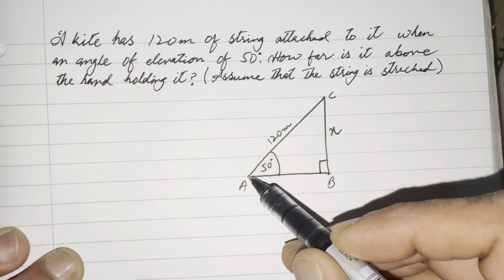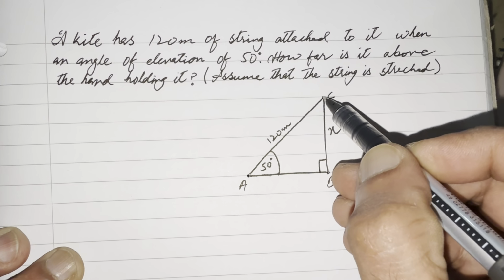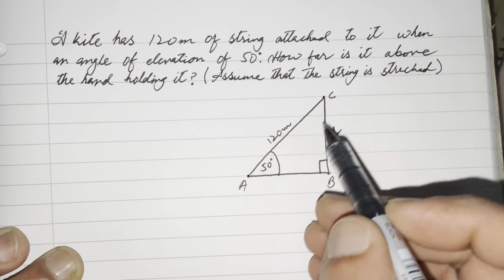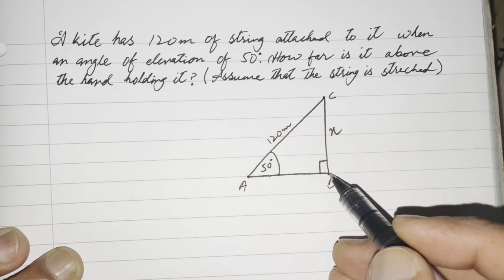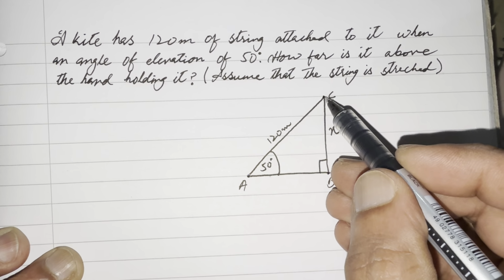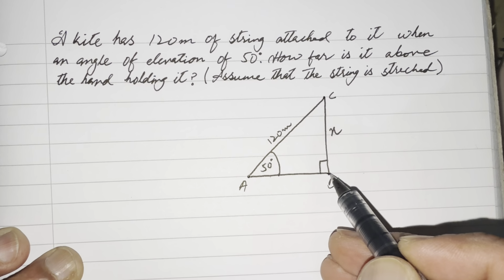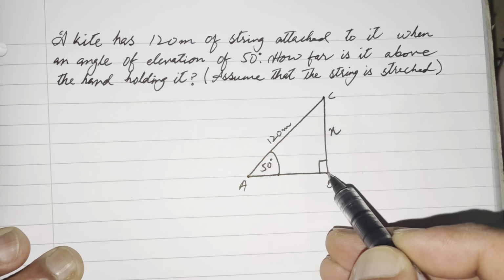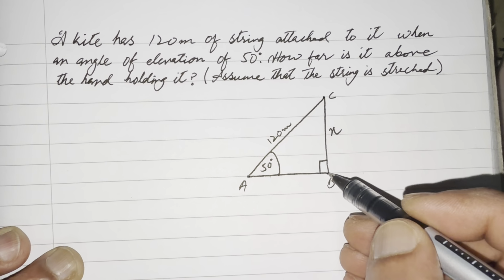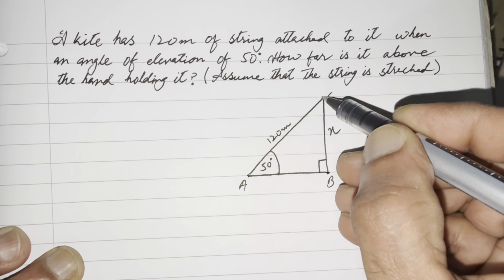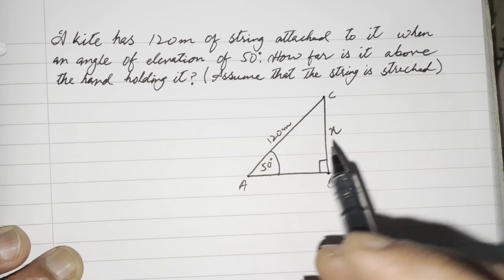This is the hand of the man, this is the place of the kite, and we have to find the height of the kite from the horizontal line from this point B. So that's the distance BC we have to find.